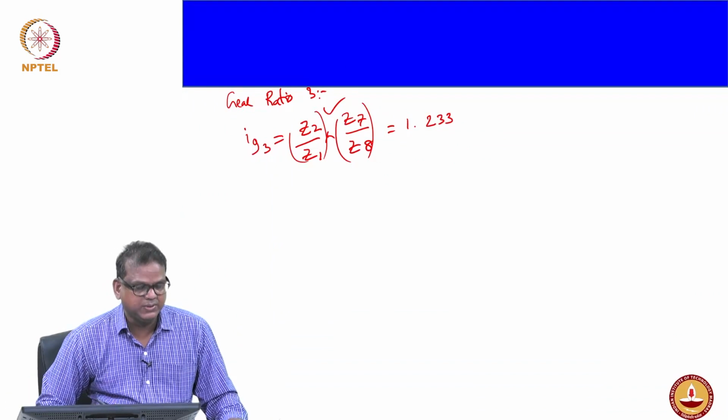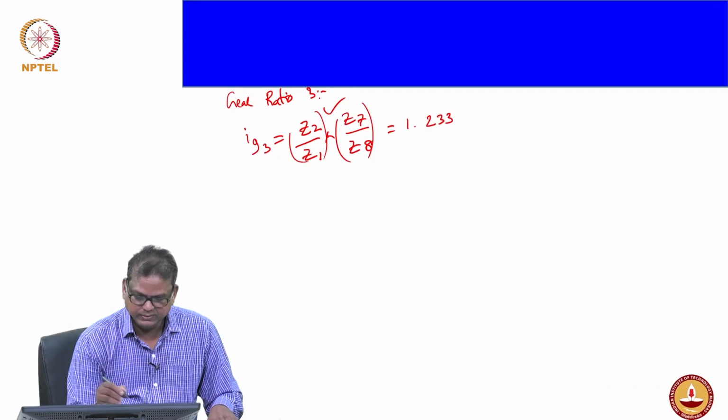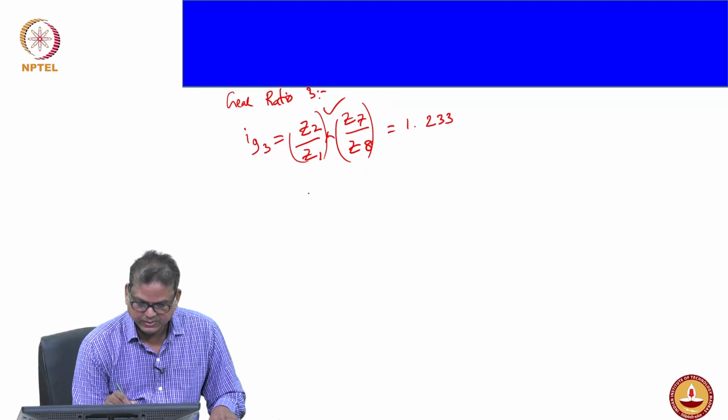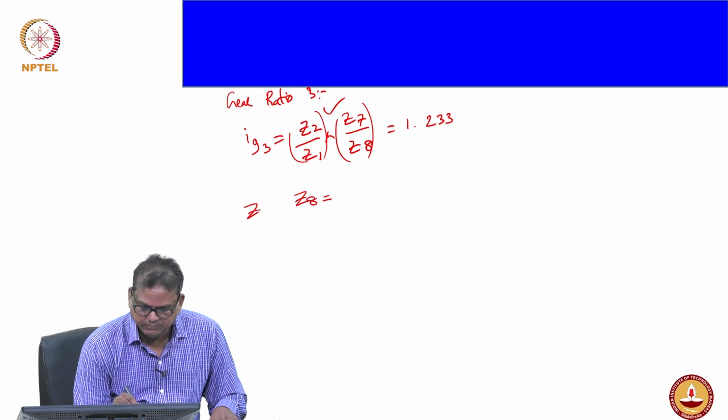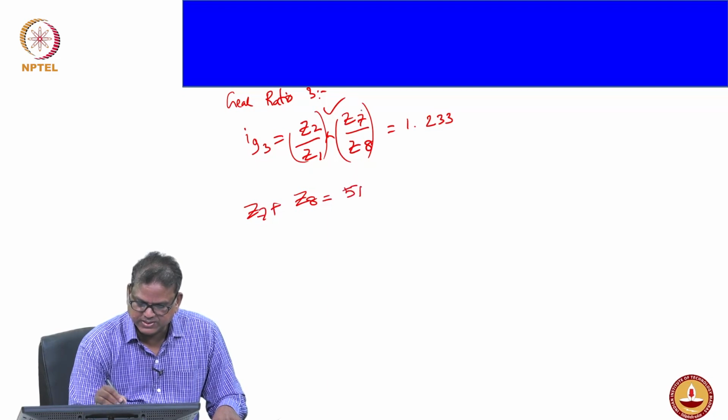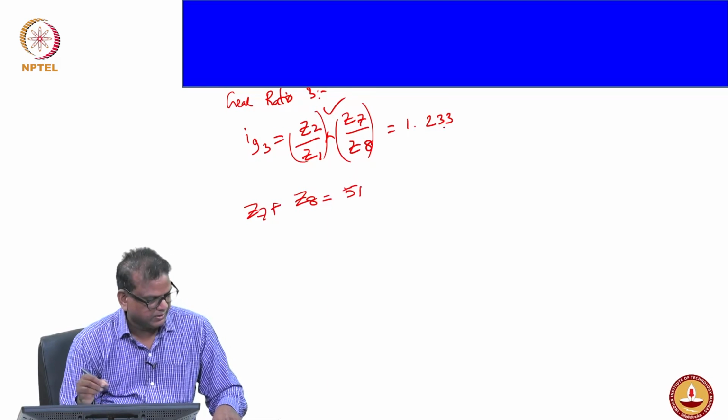Z7 plus Z8 must be 51, and you know the ratio of Z7 by Z8 also.